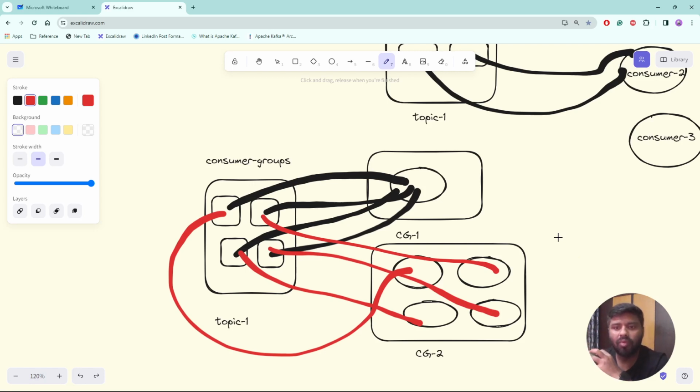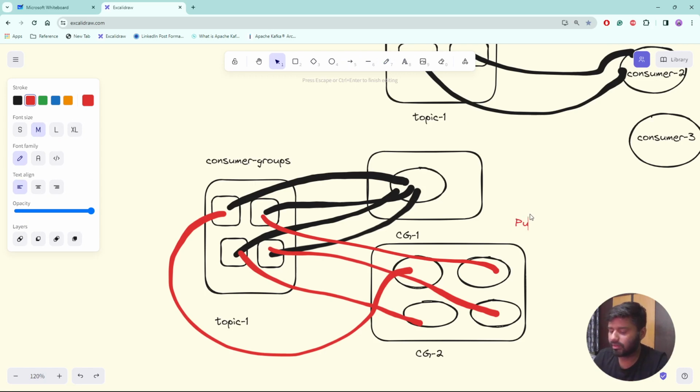Consumer group 1 contains only one consumer, so it is eligible to get information from all the partitions, and the consumers in consumer group 2 are also able to get all the information from the partitions. This is handled by a model called pub sub.